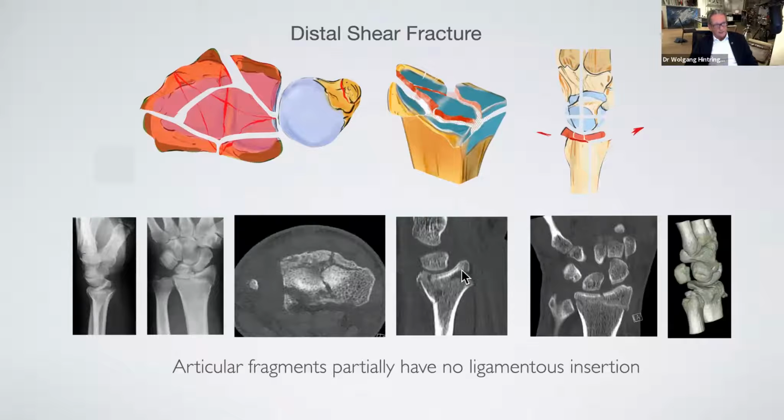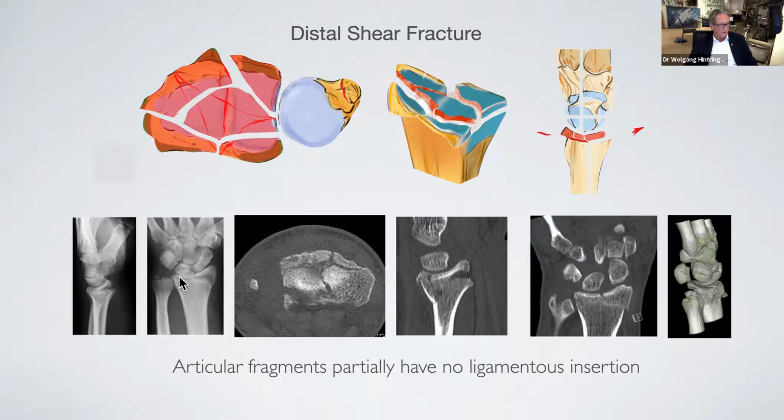Very ugly fractures are these distal shear fractures because you have here somehow key fragments where the ligamentous insertion is still alive, but in the middle of the fracture, you have also fragments which have no ligamentous insertion.